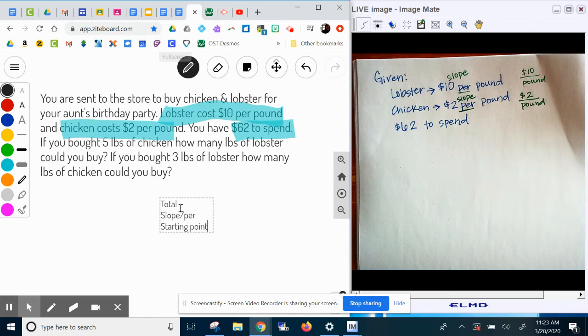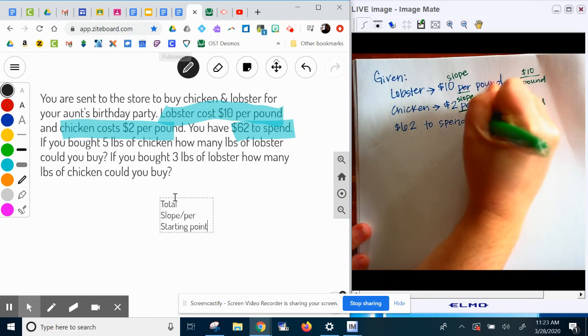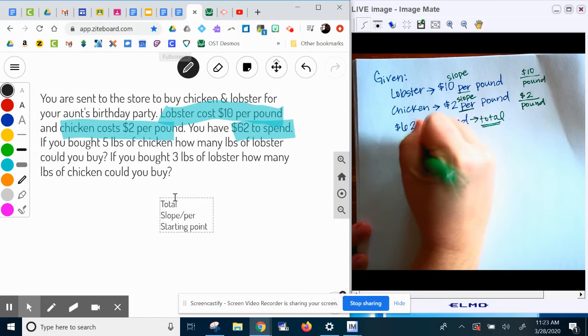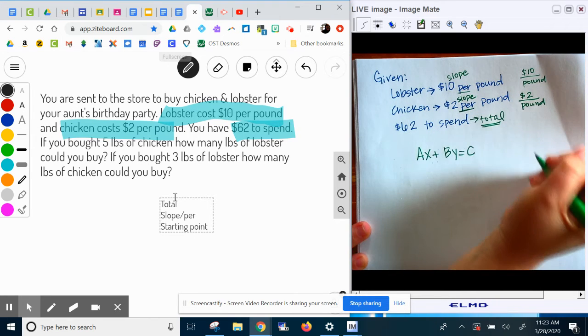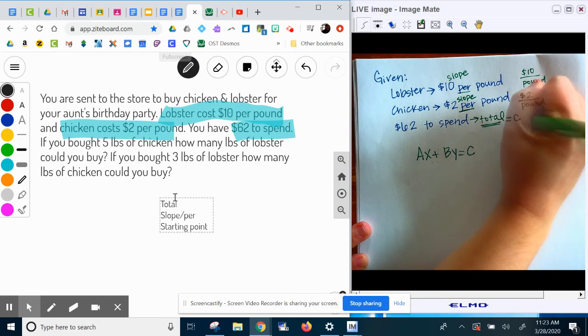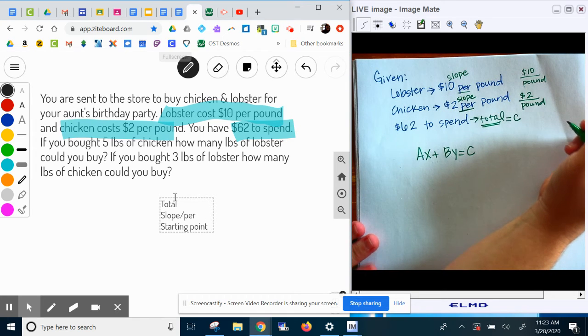Do I have $62 total, or a starting $62 to spend? It doesn't say I get to add more to my spending at all, so it's not a starting amount. That would be a total. As soon as I see that I have a total, I know I'm doing Ax plus By equals C. My total is my C. This is all on page 48 if you can't remember.